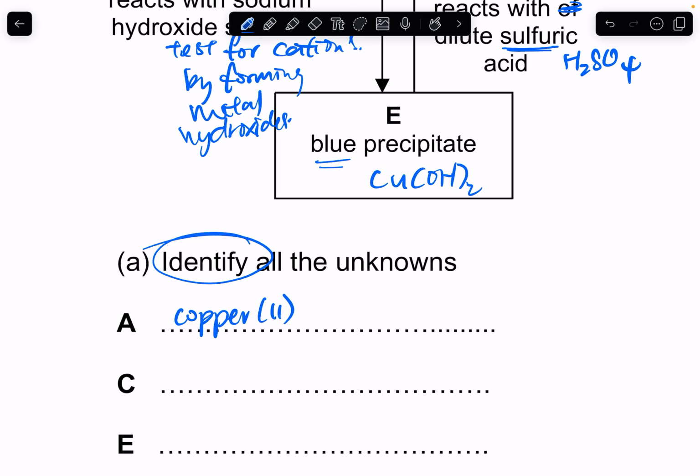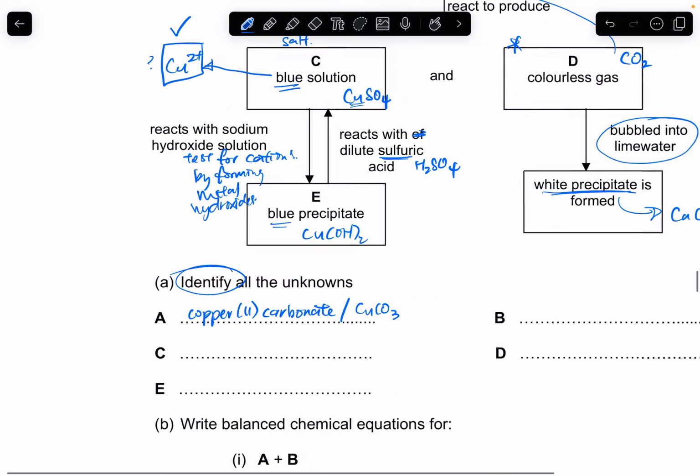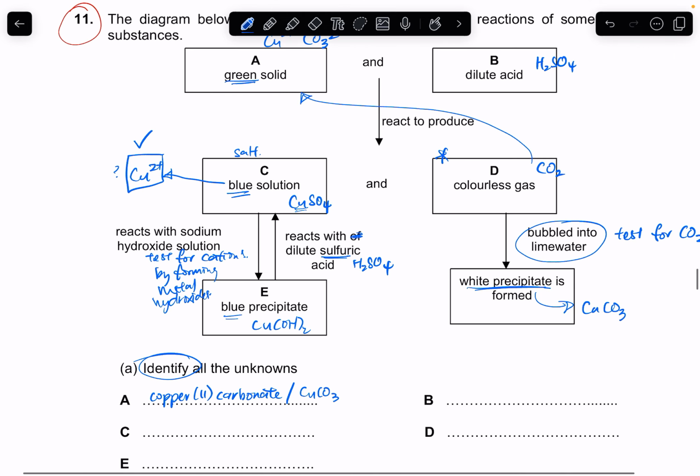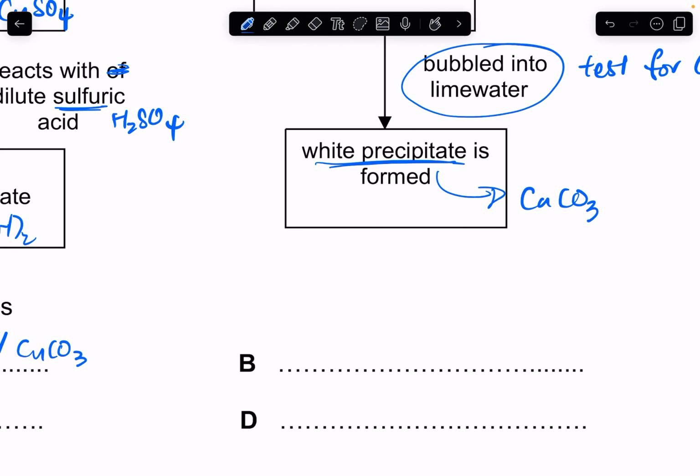Now, is the 2 important? Answer is yes, because copper is a transition metal, and hence it can have more than one oxidation state. You will learn about oxidation state in the next topic, but for now, transition metals, take note, you need to write the charge in their name. So B is sulfuric acid.